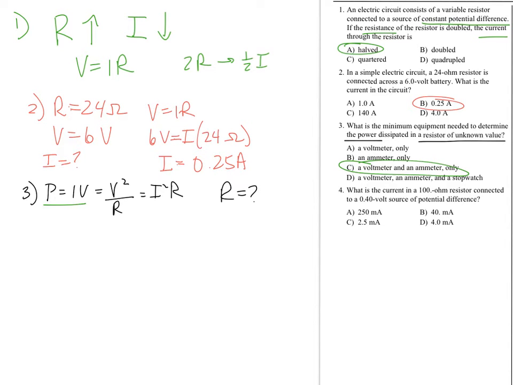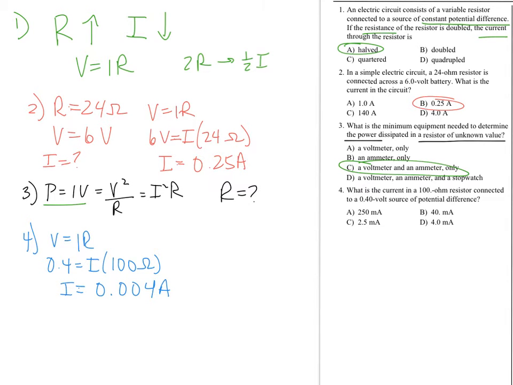4. Let's pick a different color. Let's go with blue. What is the current in a 100 ohm resistor connected to a 0.4 volt source of potential difference? V equals IR once again. 0.4 divided by 100 gets you this.